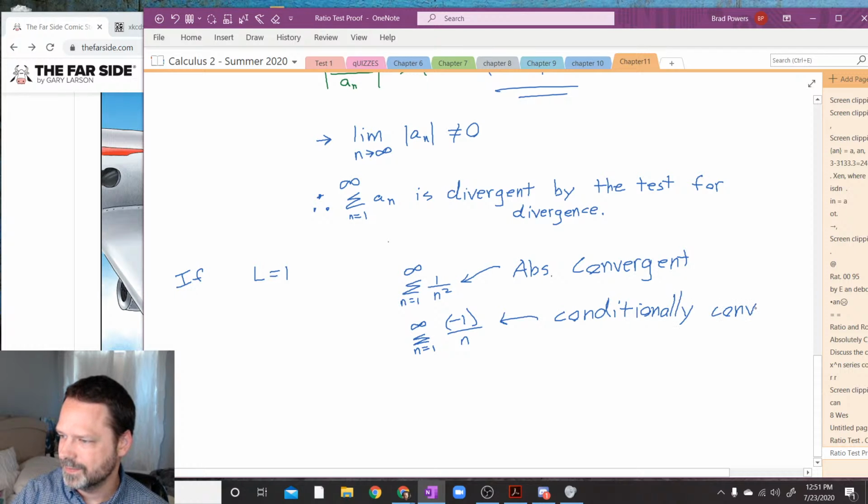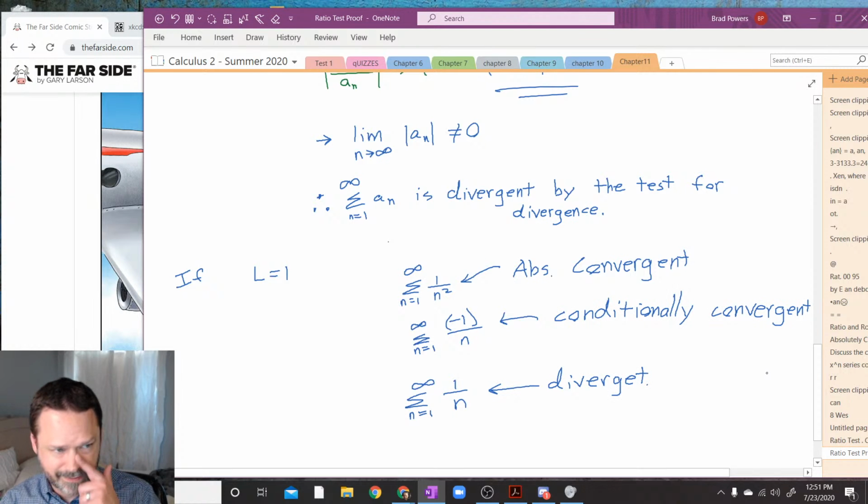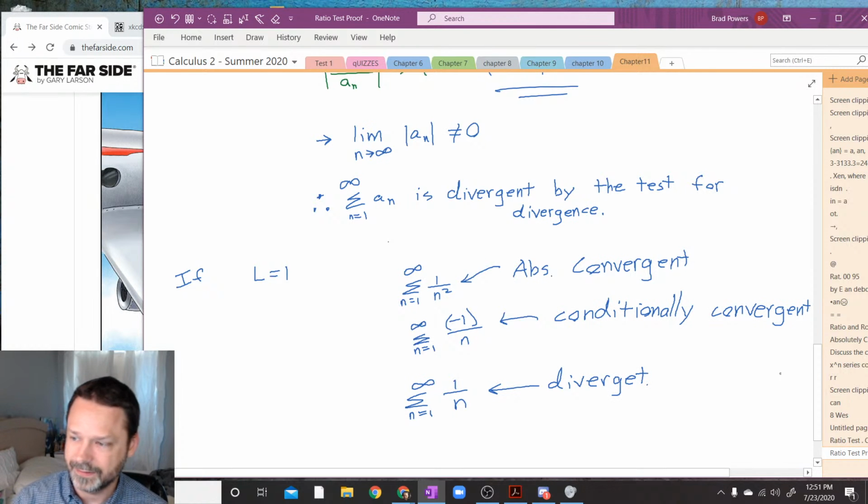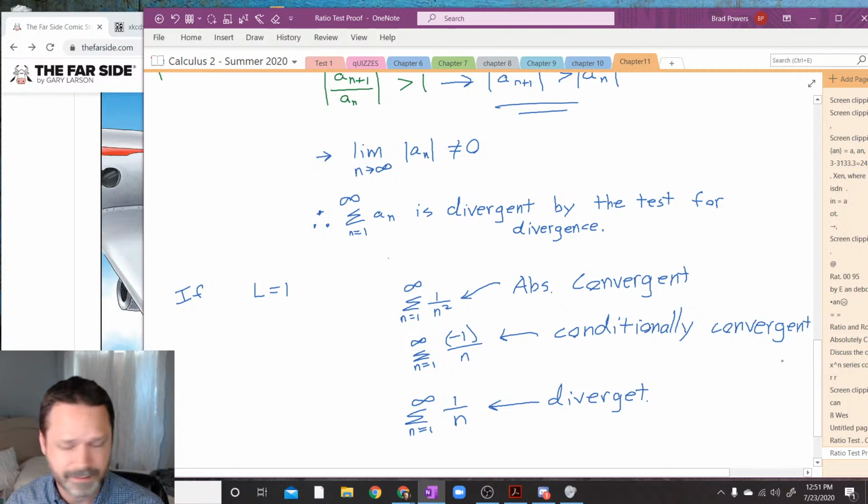And last but not least, one that just flat out isn't convergent, our favorite non-convergent series, the harmonic series, 1 over n. We know that guy is divergent. Try it out. Stick these into the ratio test. It'll give you 1. And so in that case, you have to use some other test.